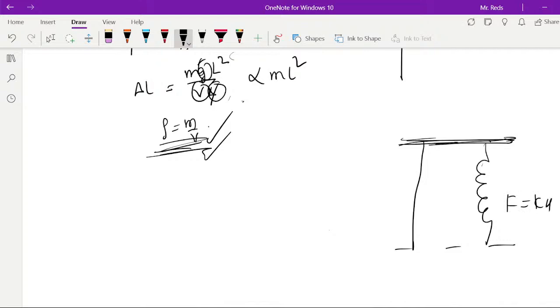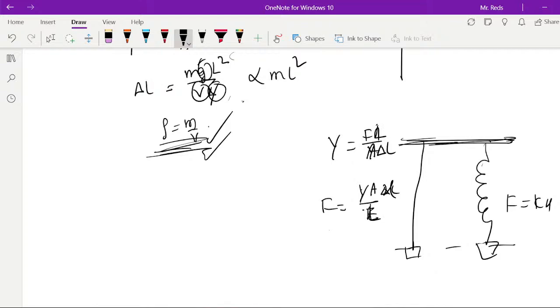Here F will be equal to Y A delta L by L, because Y is equal to F L by A into delta L.